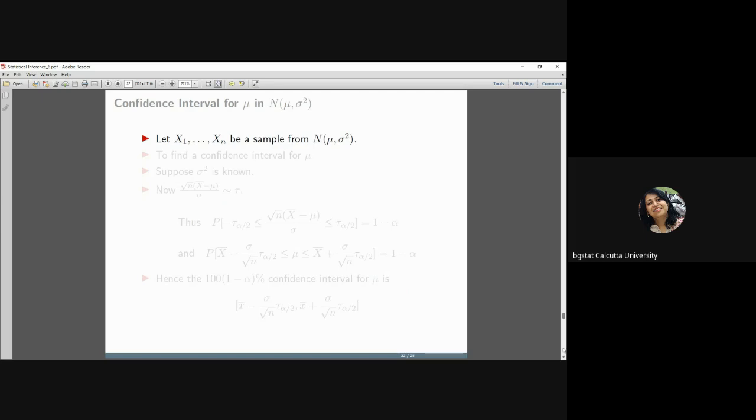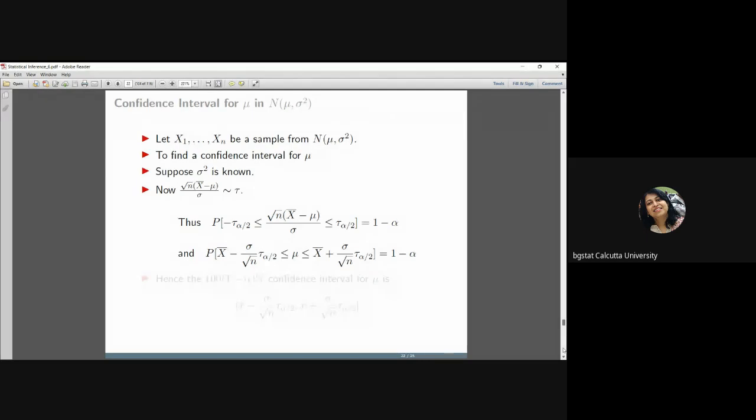So suppose we want to find a confidence interval for the normal mean, and we have a sample of size n from this distribution. To make it simpler, let me assume that sigma square is known. We know that for any value of mu and any value of sigma, this quantity root n (x bar minus mu) over sigma follows a standard normal distribution.